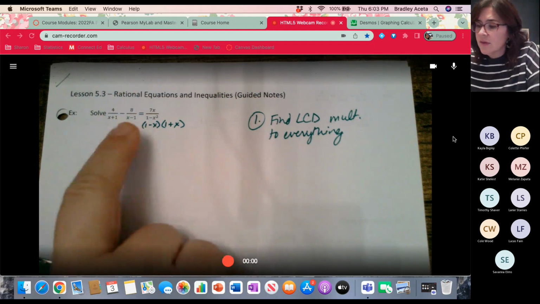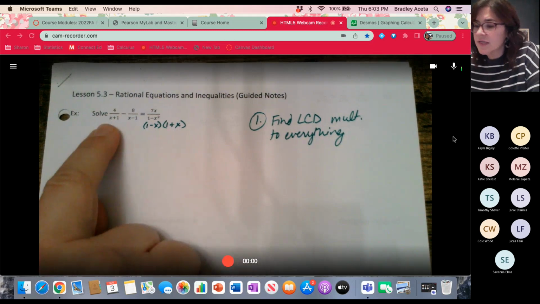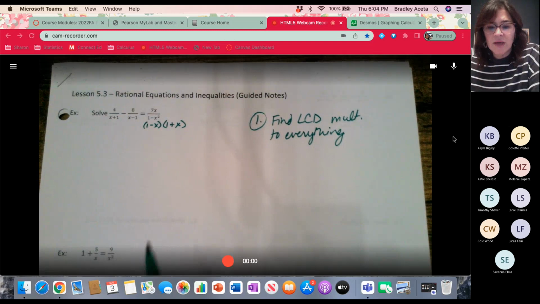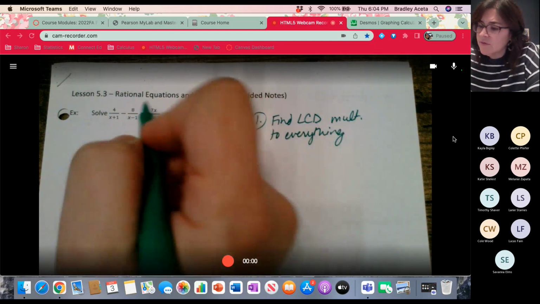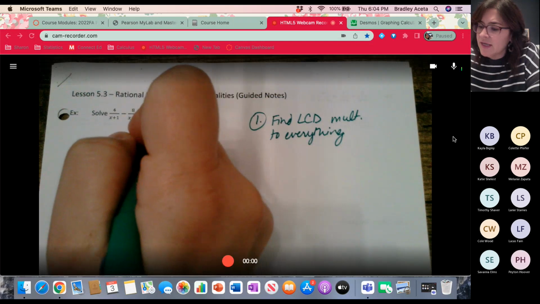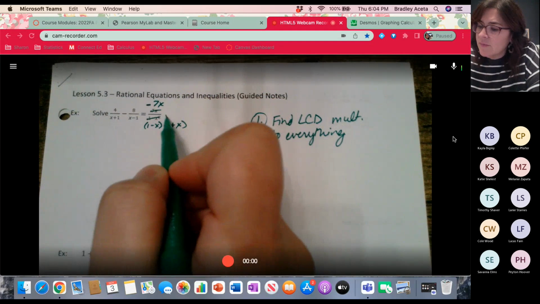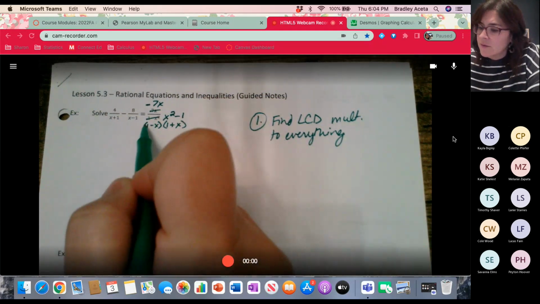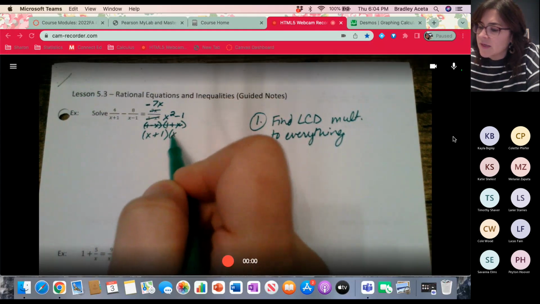And so I wish that these were kind of switched around. Like I wish there was an x plus 1 and an x minus 1. Well, you can do that, very simple, by taking out a negative on the top. So if I pulled out and made this a negative 7x, then this bottom would become positive x squared minus 1, which means that that factors into x plus 1 and x minus 1.